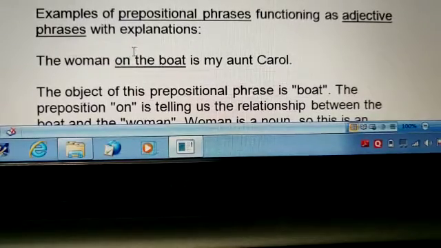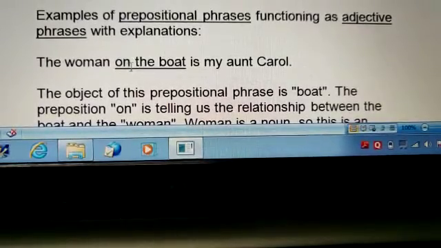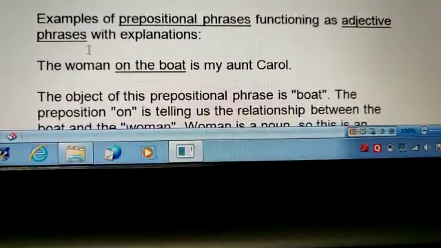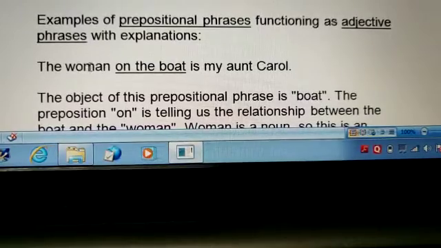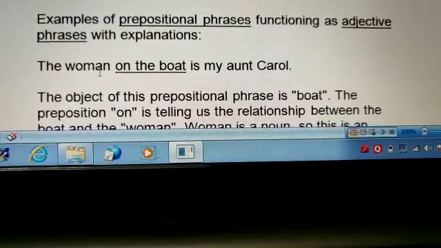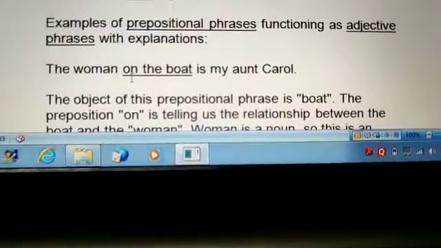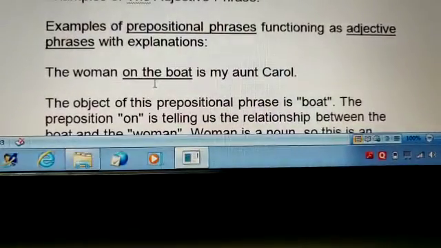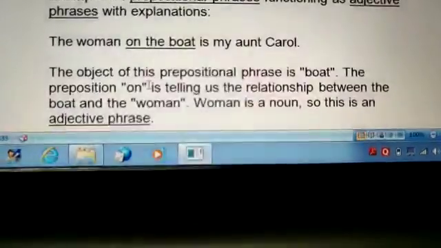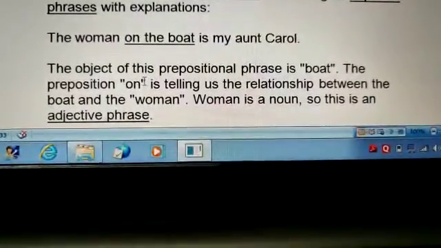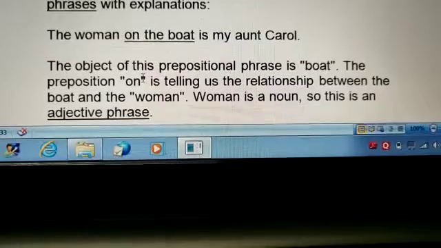So the object, because this put on the boat, what is the woman over here? It is a noun and it is also the subject. The woman over here is the subject, which is a noun, and on over here is a preposition. And what is the object over here? The boat, right? Now see, the object of this prepositional phrase is boat.